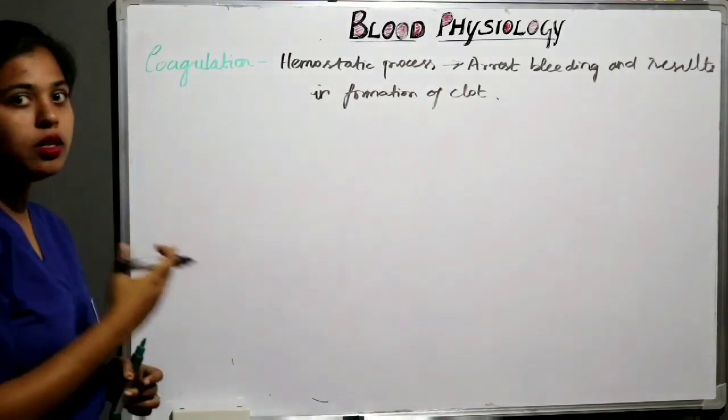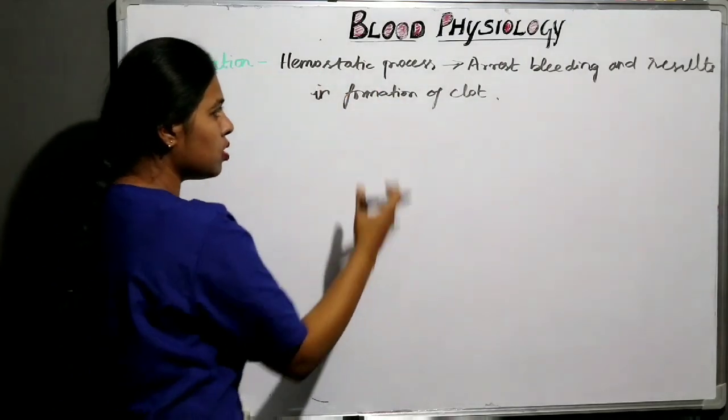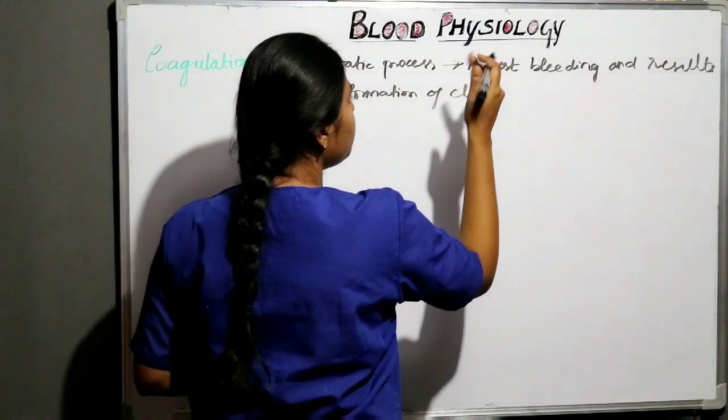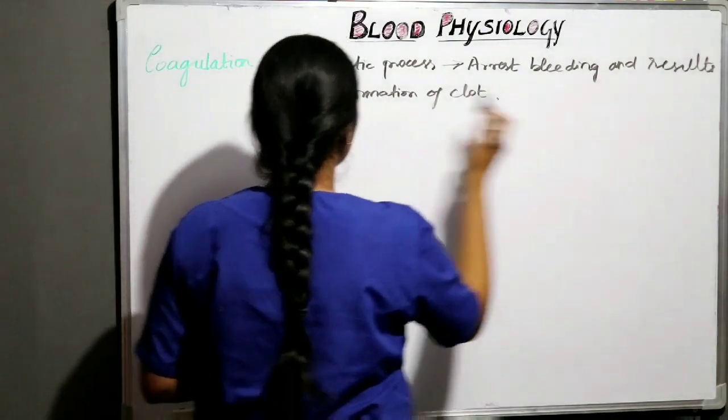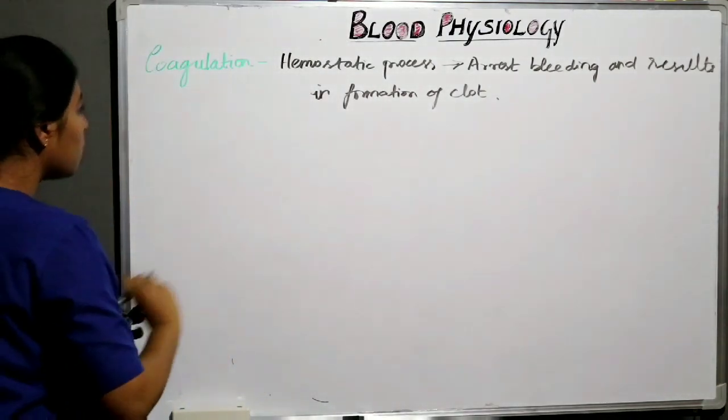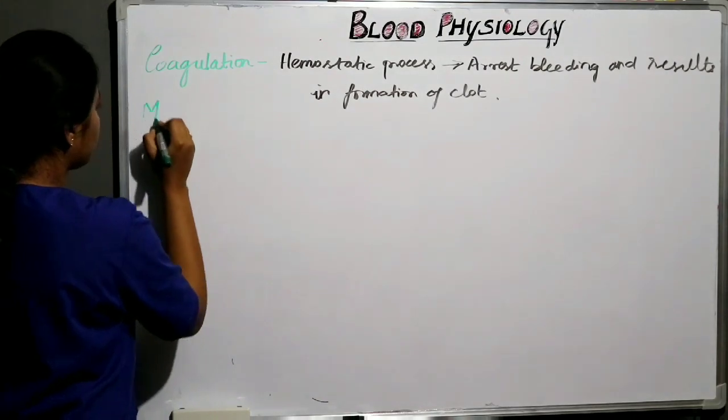So, coagulation is the hemostatic process which is used for the prevention or arrest of bleeding and which results in the formation of a clot.